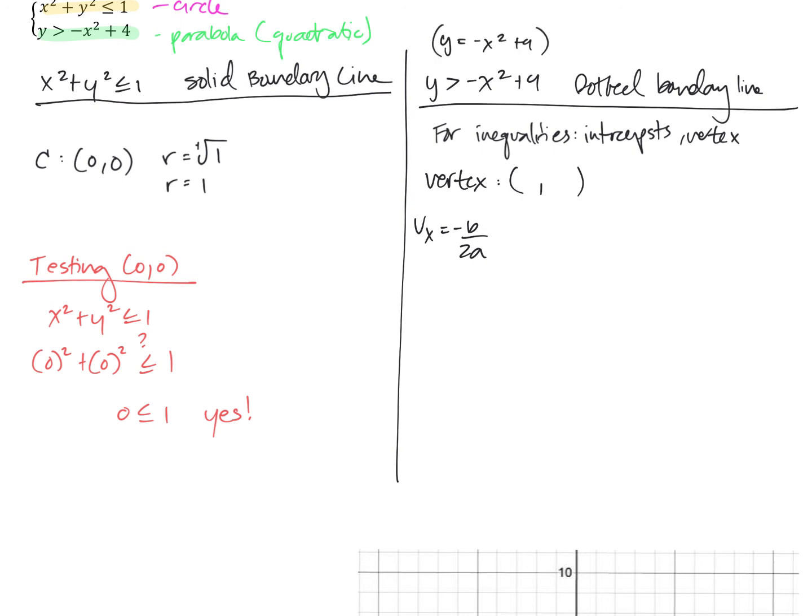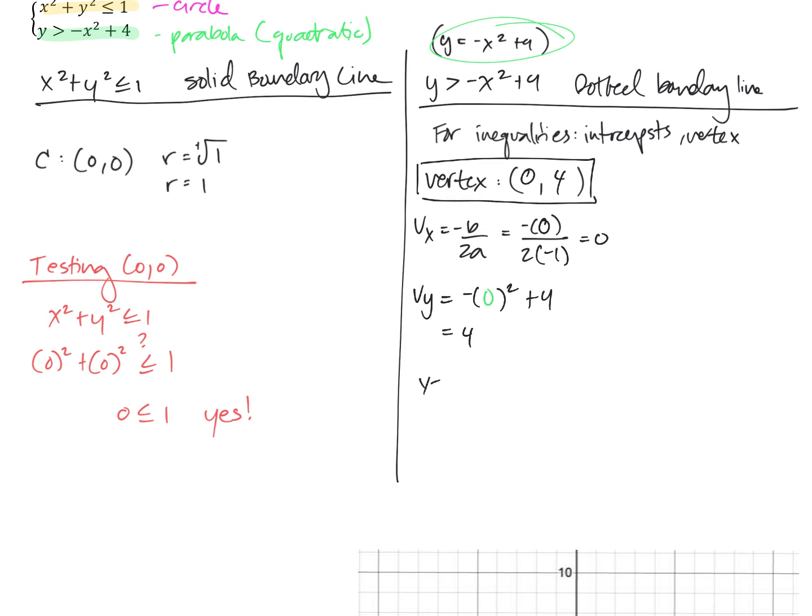We don't have a b value, it's 0, since there's no term with just x. Then our a value is negative 1, so we get 0 as our x value. Then v sub y: we plug the 0 into our original equation and get negative 0 squared plus 4, which is 4. So v sub y is 4.